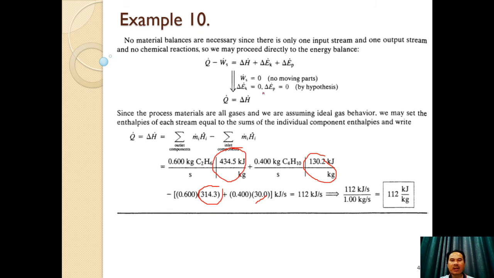You know the values already, so you call the general energy balance.